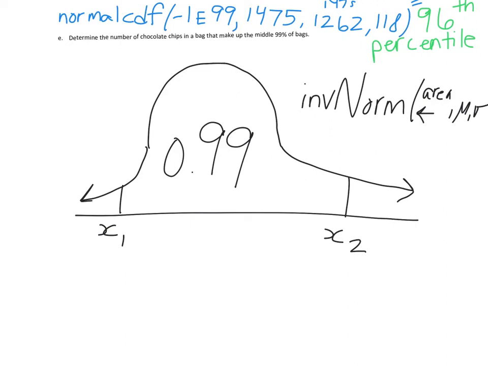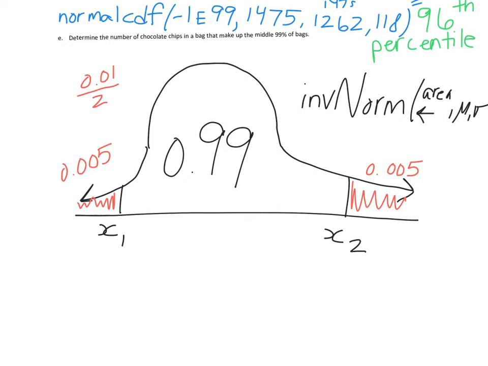So if this is the middle 99%, just figuring out areas to the left, we know there's 0.01 left over, and then it's equally divided amongst the tails. So this is 0.005. Likewise, this area is 0.005. Then everything adds up to 1.